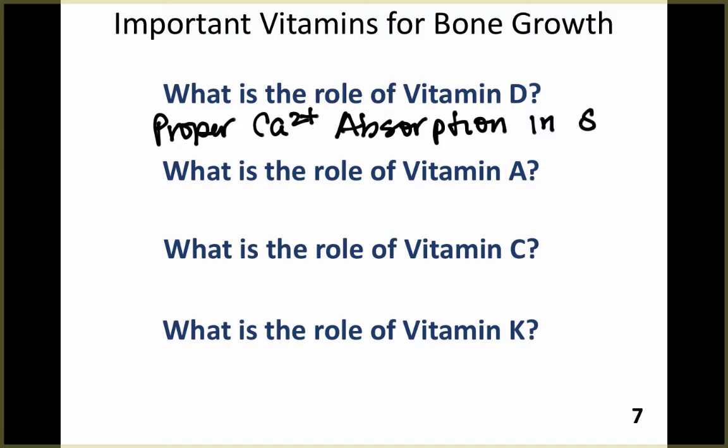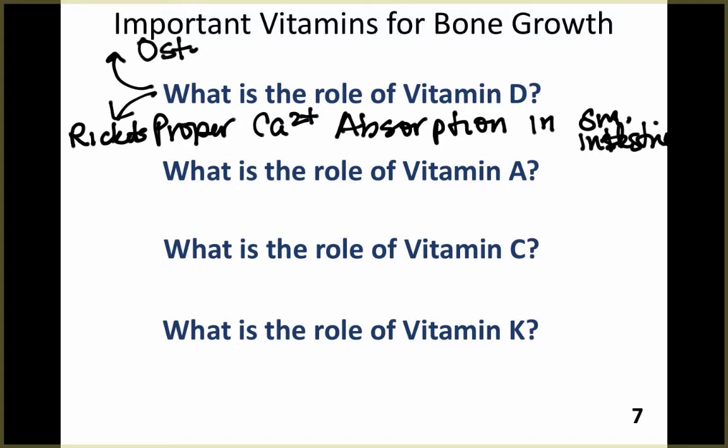And this happens in the small intestines. If you don't have proper vitamin D in your diet and you can't absorb calcium right, in children it leads to the disorder known as rickets, and for adults, it leads to osteomalacia.